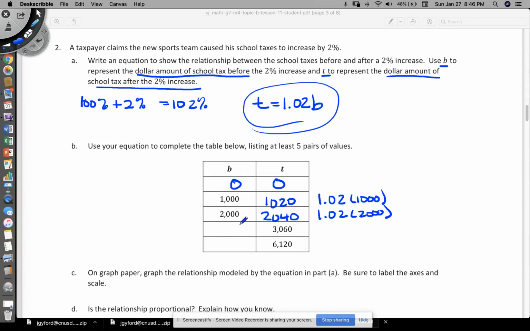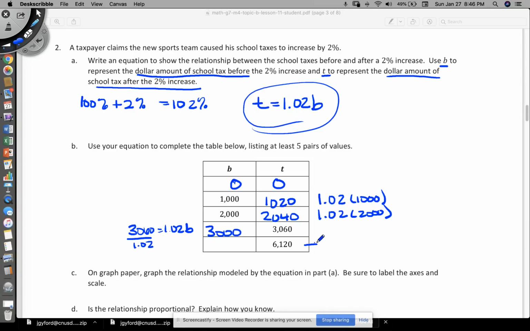All right, now we're going to go the other way. I'm going to now have the T, and I need to find the B. So I'm going to say 3060 equals 1.02 B. So I'm going to divide by 1.02, and 3060 divided by 1.02 comes to 3,000. And I got this last one here.